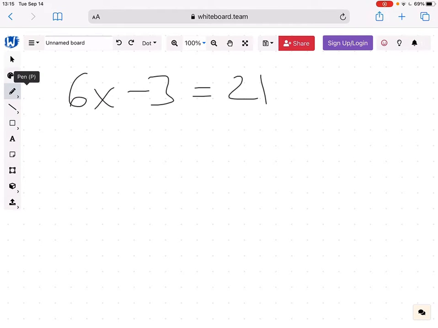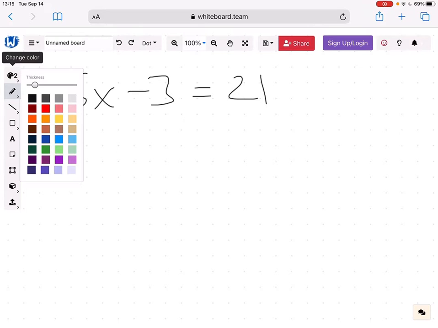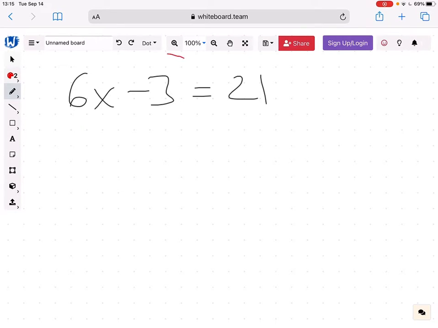And here we have a problem, because we have one number, 21, which is already on the right-hand side, but we also have this minus 3 sitting on the left-hand side and spoiling our happiness. So how can we get rid of this minus 3, so we just have 6x on the left side?